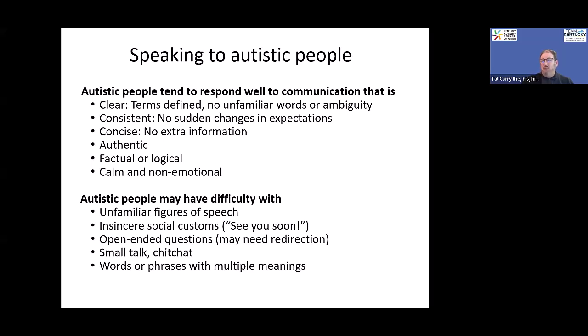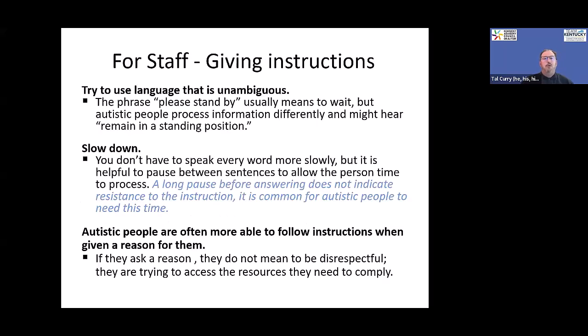They may often have difficulties with unfamiliar figures of speech, insincere social customs, and open-ended questions. They may need some redirection for small talk, like I mentioned, chit chat, or words or phrases with multiple meanings.